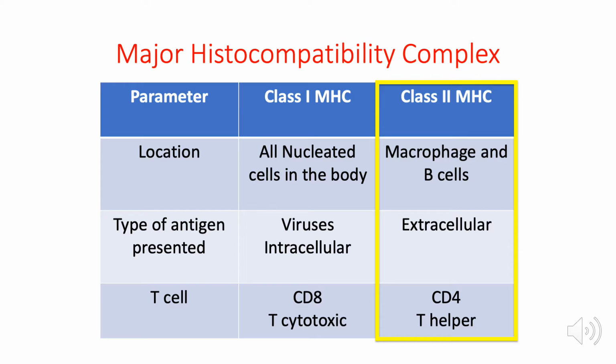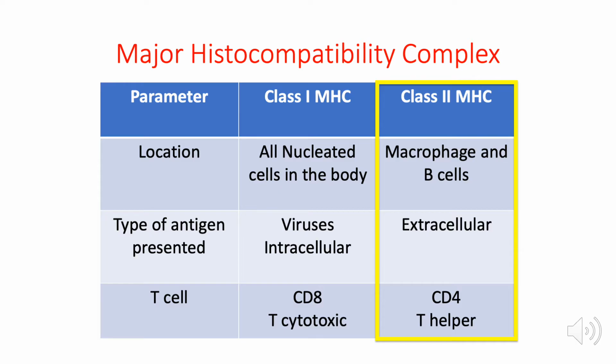Please take note of that. Class II is suited for the display or presentation of extracellular antigens. Now, these Class II MHC are present in 2 types of cells. You have the monocyte or the macrophage and B cells. So later on, I will also teach you that B cells can act as antigen-presenting cells, but I will discuss that later.